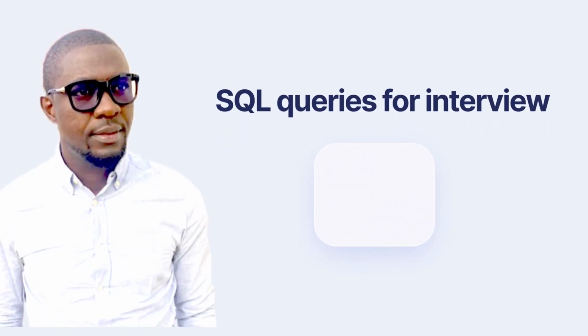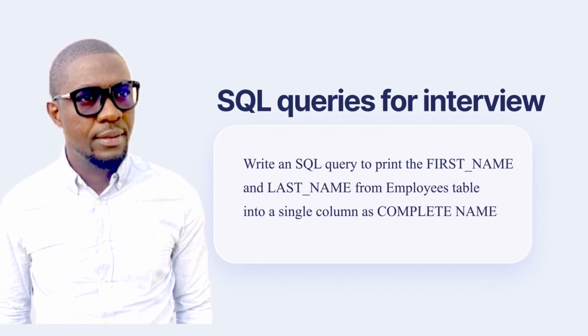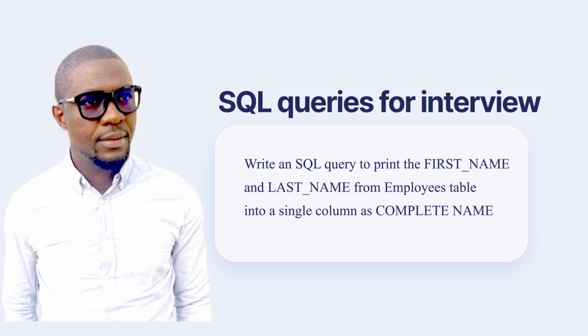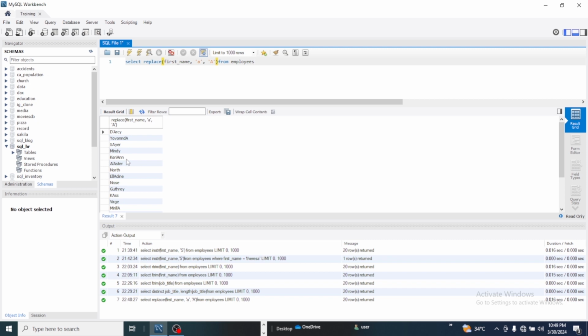Write an SQL query to print the first name and last name from employee table with a single column as complete name. So what this means is we have to join the first name and the last name together in a column called complete name. To do that, we have to use concat, the abbreviation of concatenate, which joins two values together.